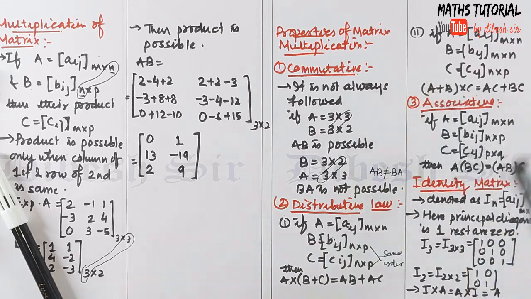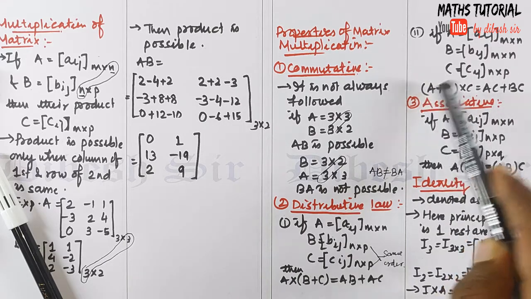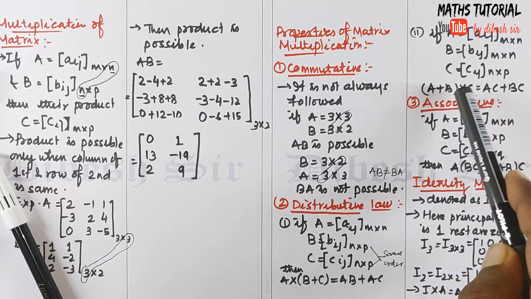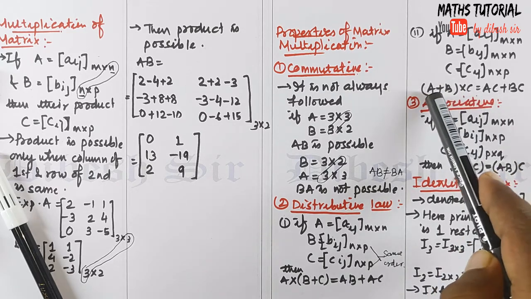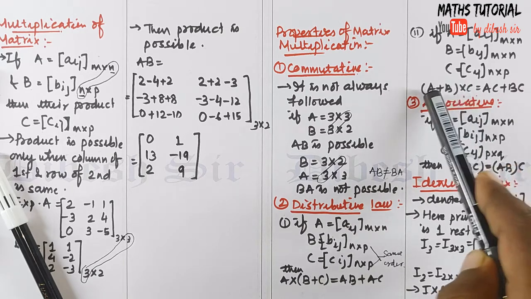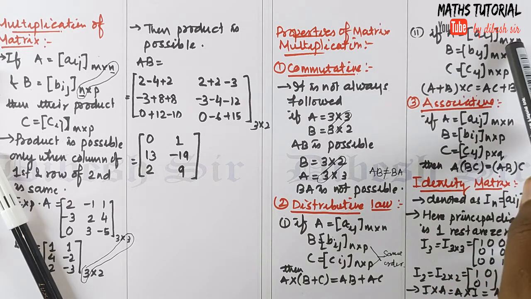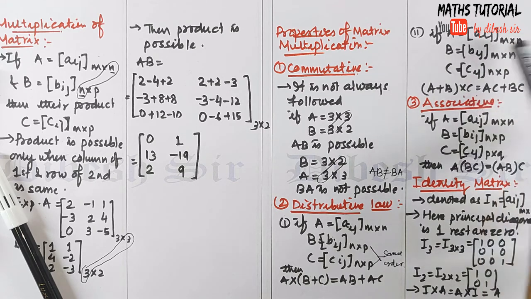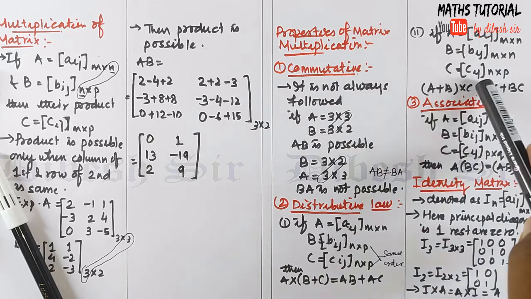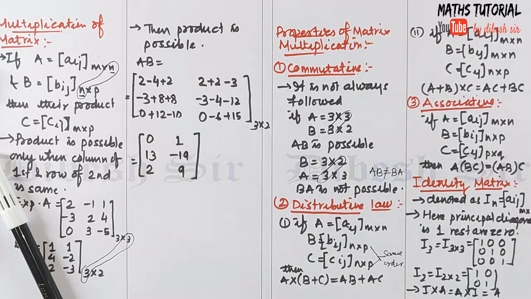So I told you before that the order of matrices inside the bracket must be the same. So the order of A and B must be the same. See here, m cross n, m cross n. Now these are the first matrix and this is the second matrix. So the column of first and row of second must be the same, then product is possible.